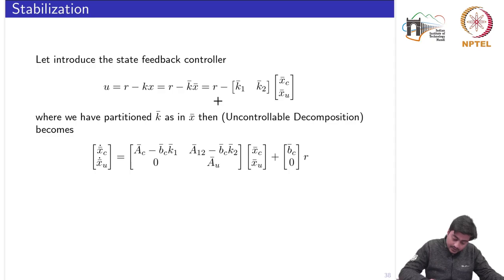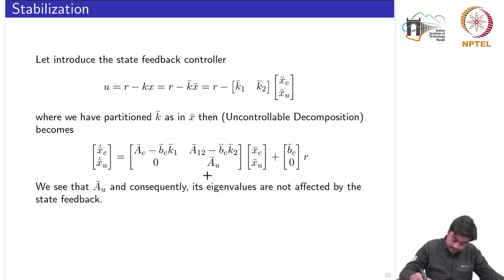After applying this u to this controllable decomposition, we obtain this closed loop system, where K1 and K2 are only added to the first block row of this decomposition. So here we see that the matrix A bar U and consequently its eigenvalues are not at all affected by the state feedback.